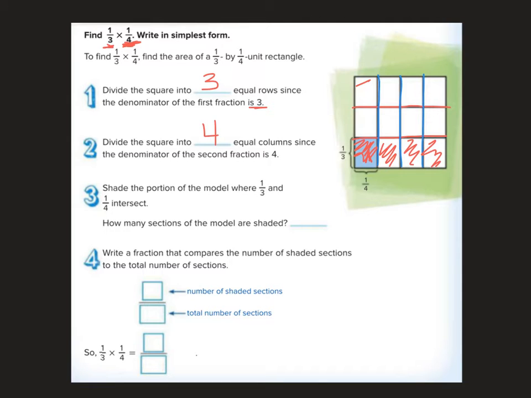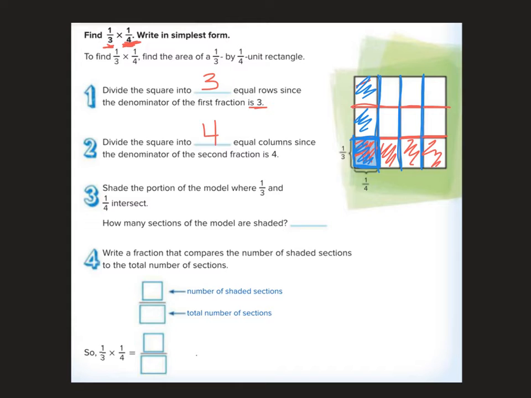This would be worth 1/3 of the total square, right? Because I cut here and I cut here, so I shaded 1 out of 3 equal pieces. Then if I look at the fourths, cutting them up and down, I shaded 1/4. Notice how the only box that I shaded both times is this one right here.